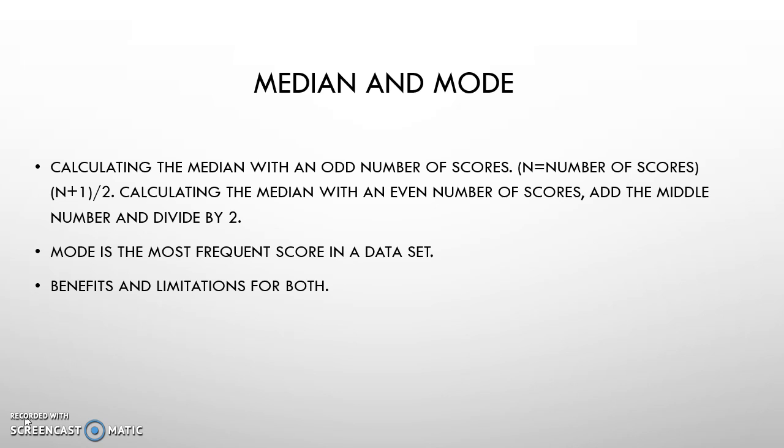There are benefits and limitations for both. Obviously, the mode doesn't tell you everything. It just tells you the most common number. It doesn't tell you if someone peaked at, say, 13 shots scored in a basketball game, or in free throws, whereas the majority of people only got 3 or something like that.